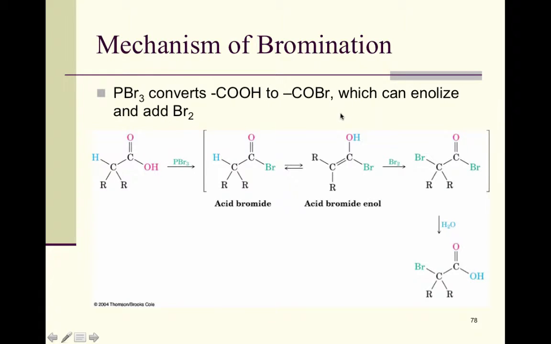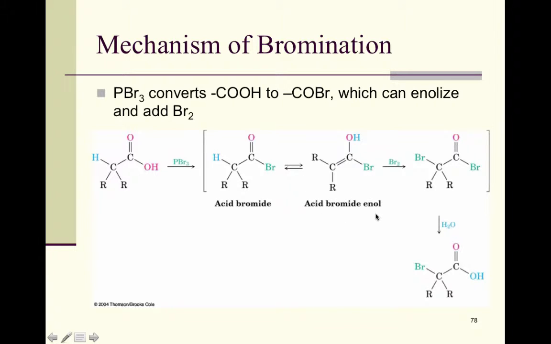The mechanism of the bromination with a carboxylic acid, here we have our alpha hydrogen, and originally the PBr3 does not attach at the alpha position. PBr3 does a substitution reaction and makes an acid bromide. After the acid bromide is formed, it will convert to an acid bromide enol.